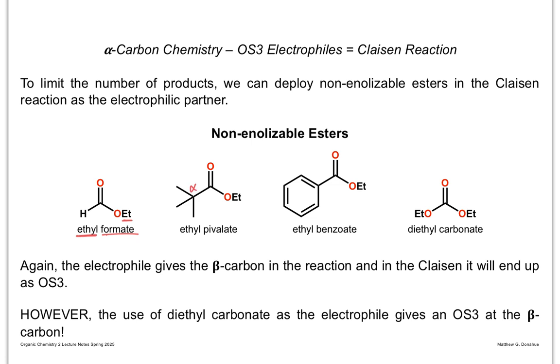Here we have a non-enolizable ester, ethyl pivalate, ethyl benzoate. And then what's unique about the last one? Diethyl carbonate.